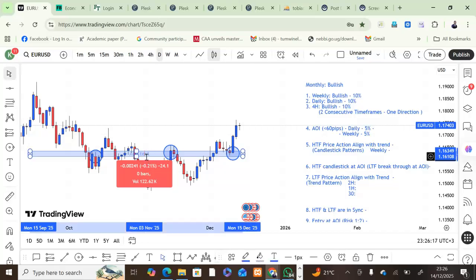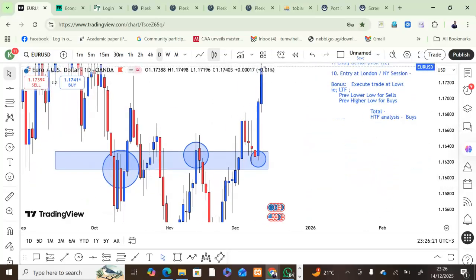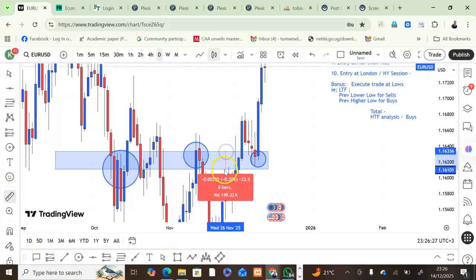This thing is a little bit crazy. No matter how you try to do it, or you try to zoom in, and then you still measure, it will still show you negative 21 pips. This is what we consider the pips. So the support or the resistance level has to be less than 60 pips.